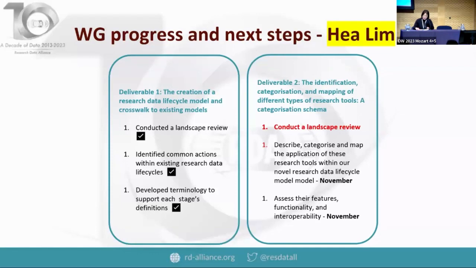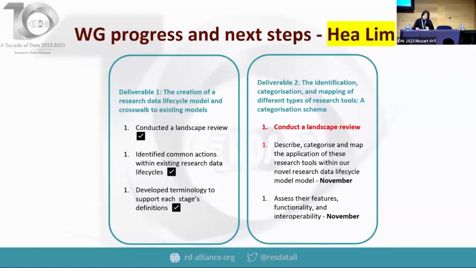We have already conducted a landscape review to research and consult existing models, which we then used to identify common actions within these research data life cycles to integrate into our own life cycle model. Finally, we developed proprietary terminology to support the definitions of each action within this model, which we refer to as the stages of the model.